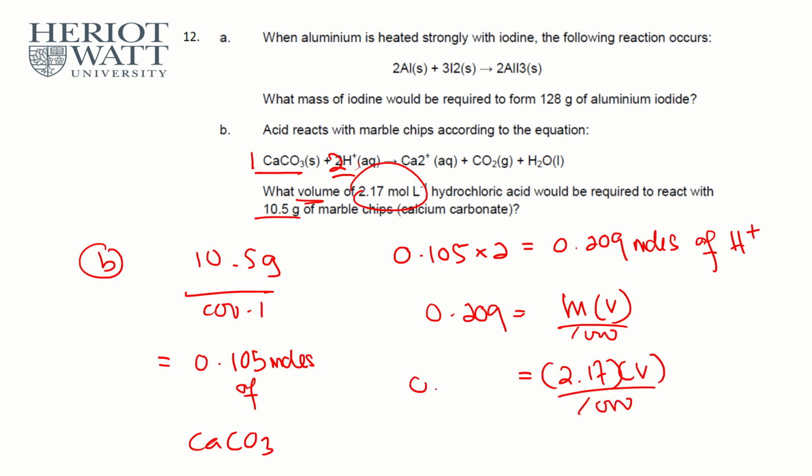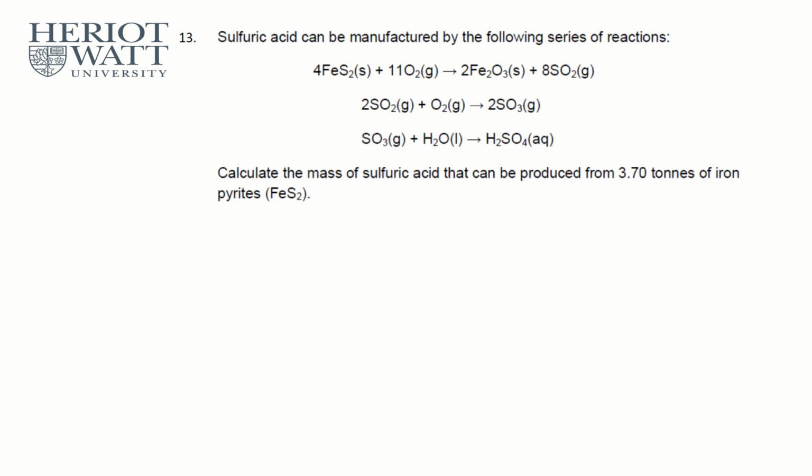From here, you will get a volume equivalent to 96.3 ml. So this is the volume of acid needed from the mole. Always check the mole ratio when you're comparing two or more compounds. All right, this is question 12.